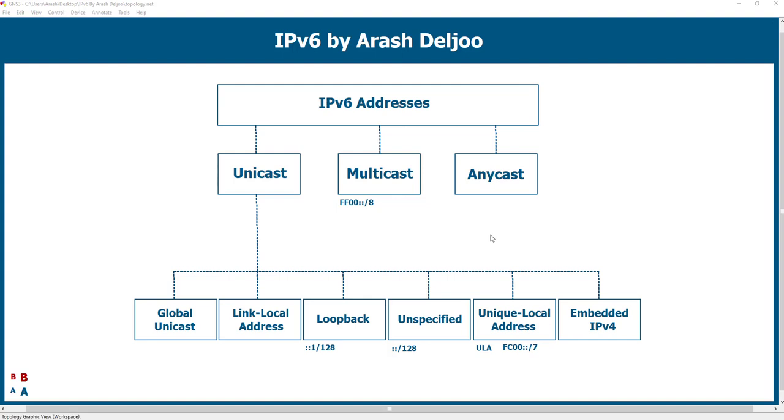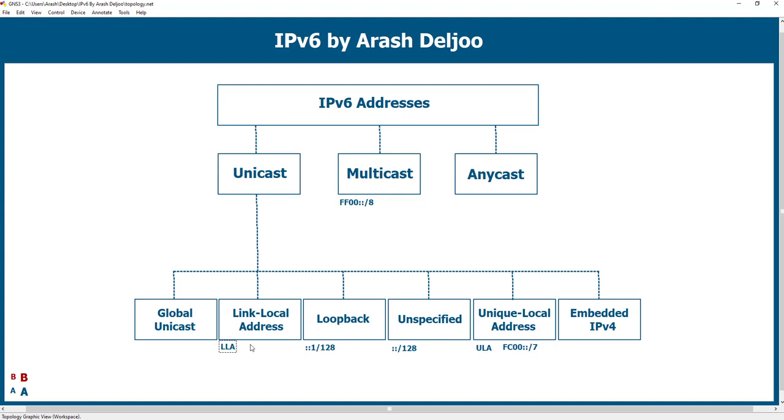IPv6 addresses. In this video, I'm going to talk about another type of unicast IPv6 addresses that we call link local address or LLA. Look at here. We have link local address or LLA.